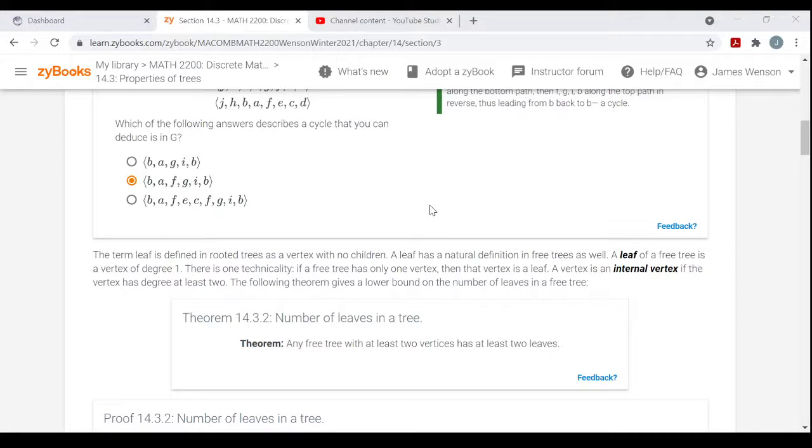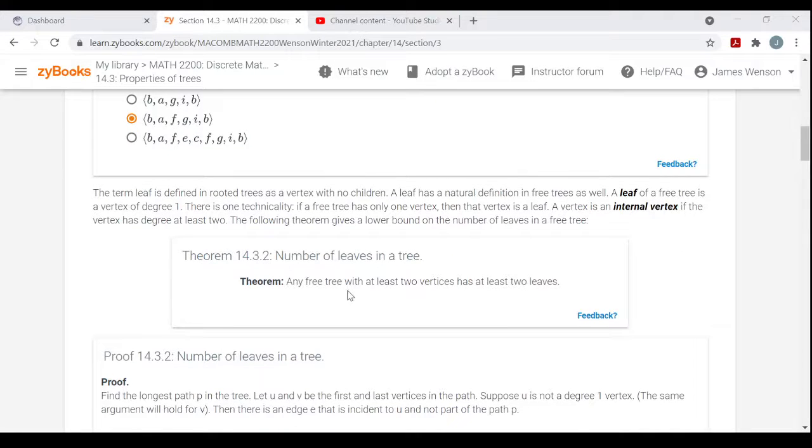And another definition, lots of definitions in this chapter, I know. A vertex is called an internal vertex if the vertex has degree at least 2. So 2 or more. The following theorem gives a lower bound on the number of leaves in a free tree.